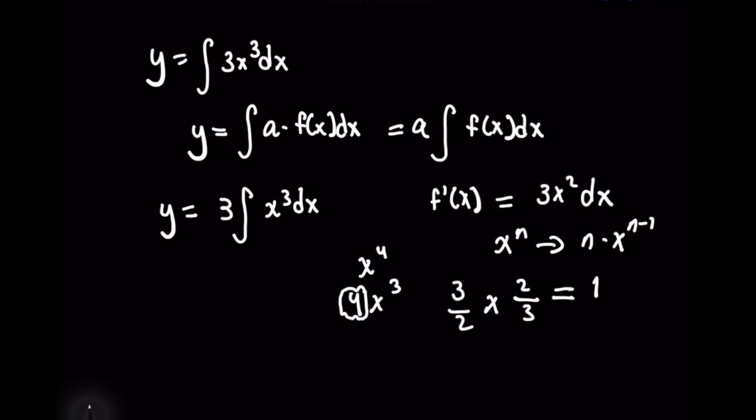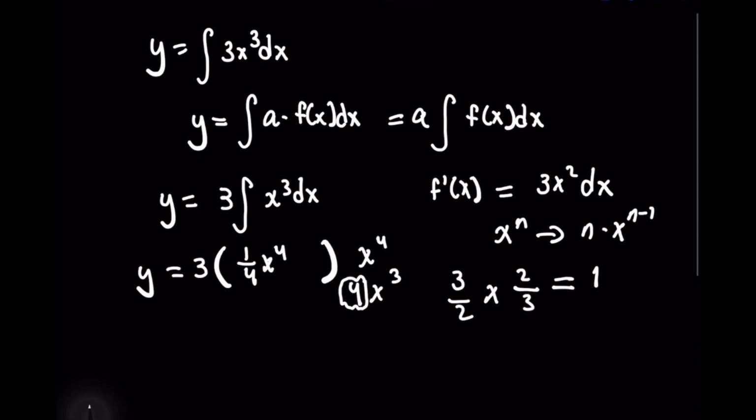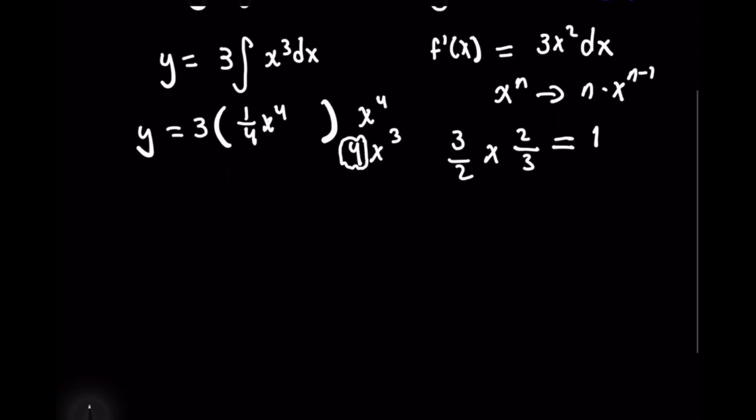So in other words, we're going to get that y equals 3 times 1/4 x to the 4th. And let's try it out. If I were to take the derivative of 1/4 x to the 4th, do we get x cubed? Let's give it a try. 1/4 x to the 4th.